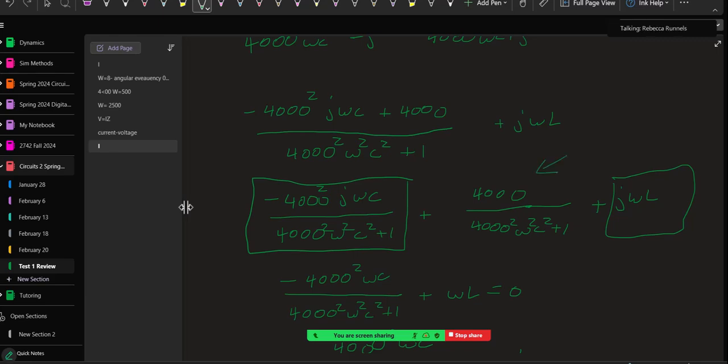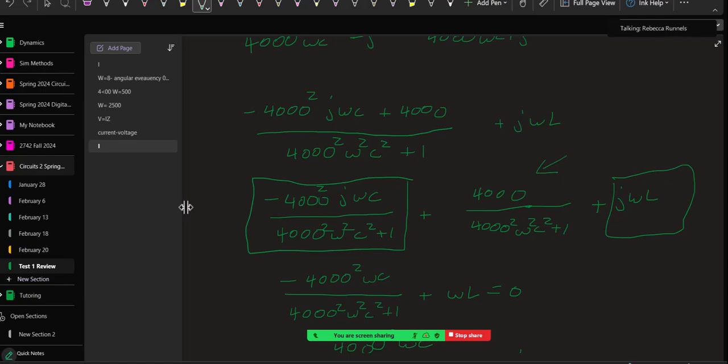I'm not saying it doesn't exist. I just am only interested in where the imaginary part equals 0. Okay, that's why we separated it from the real part. Right. And that's also why the j isn't in here, because I don't need the j to equal 0. I need that part to equal 0. Right, okay, thank you. You're welcome.